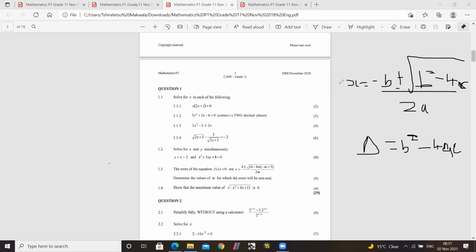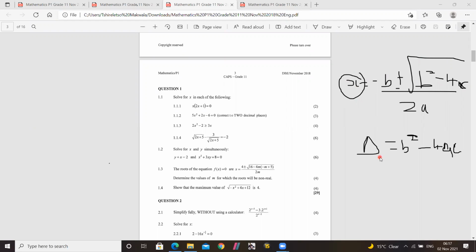And this equation calculates the value of the intercepts, x. So in this bracket here is where you have delta, and delta is the only thing that influences the nature of this root.